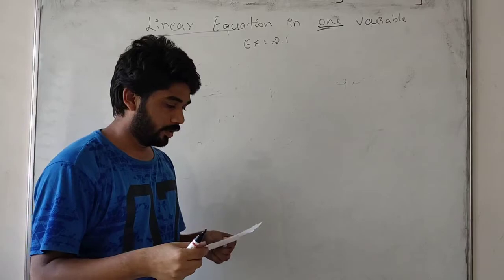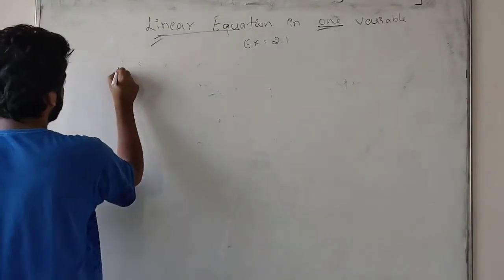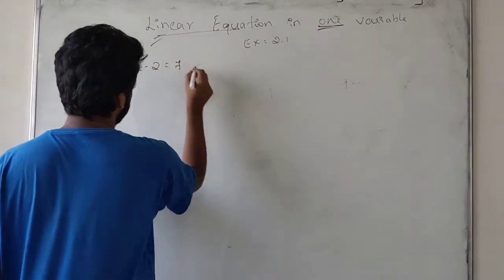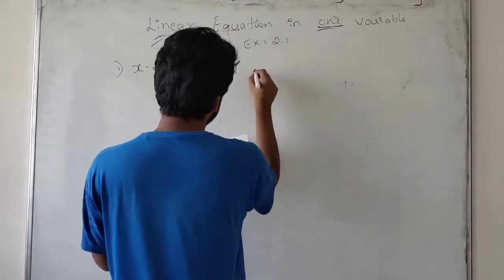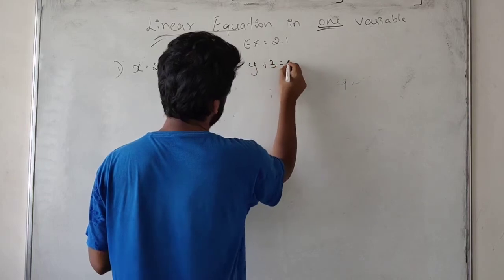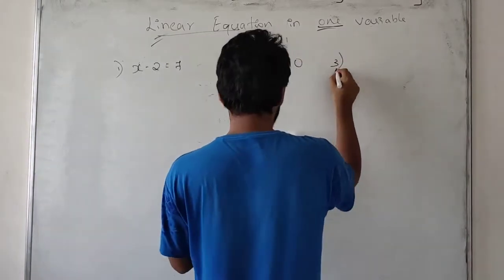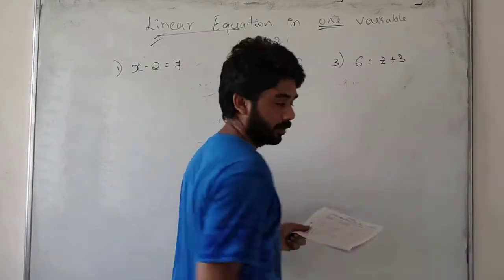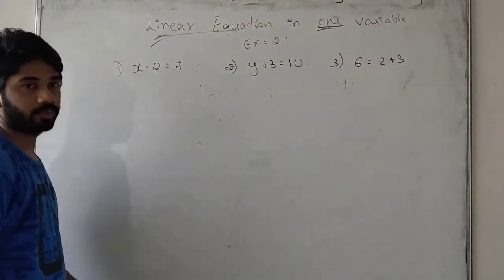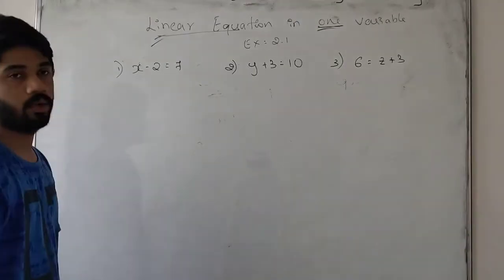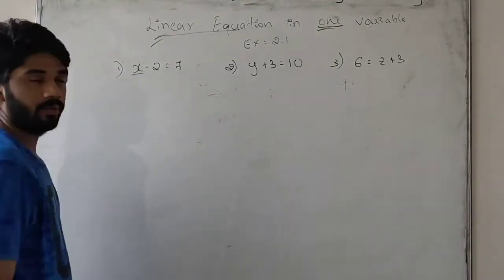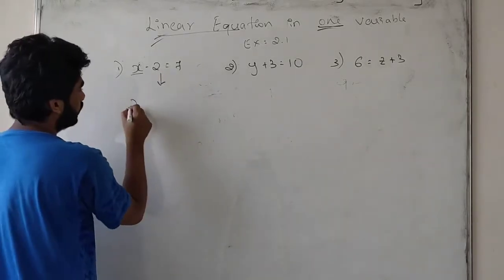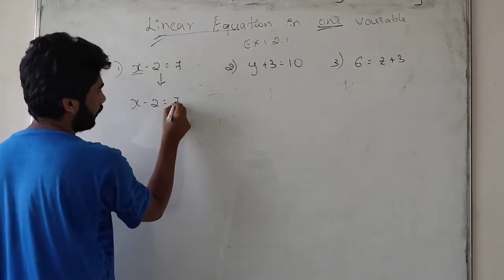So now exercise 2.1, first problem here. x minus 2 is equal to 7. Second one, y plus 3 is equal to 10. Third one, 6 is equal to z plus 3. Now in this one we have to find the value of x. x is there, minus 2 is there, is equal to 7.